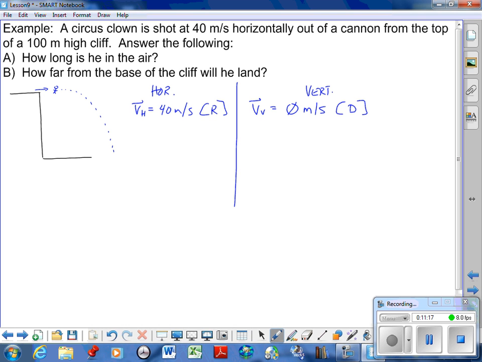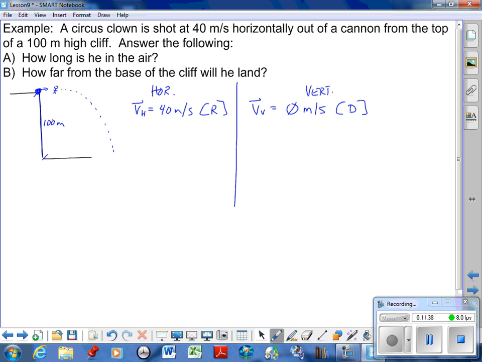Cannon from the top of a 100-meter high cliff. So this cliff is 100 meters in height. That's vertical information. So this is where you have to decide, where is your reference point going to be? Most people make the reference point from the launch point, which is fine. Now you have to decide which direction is positive.